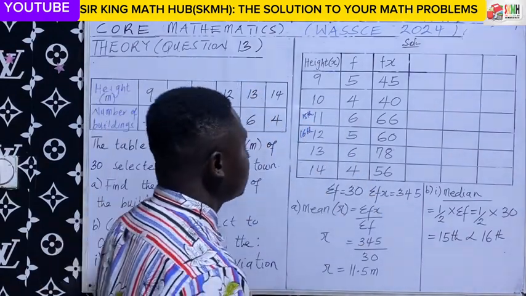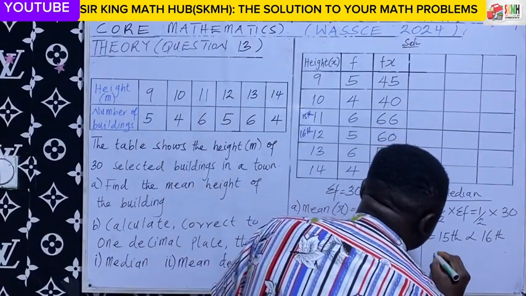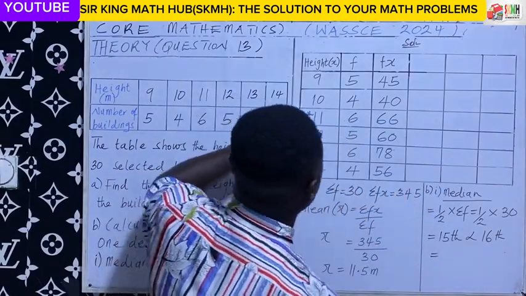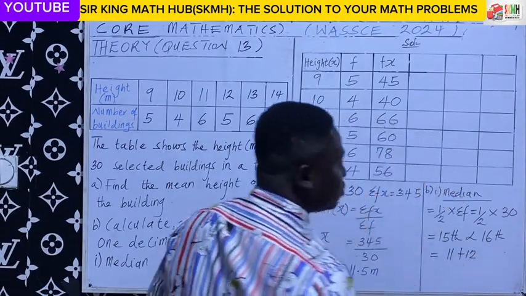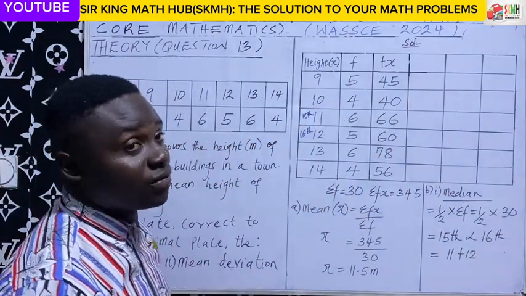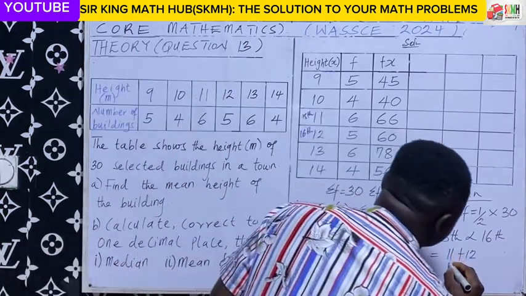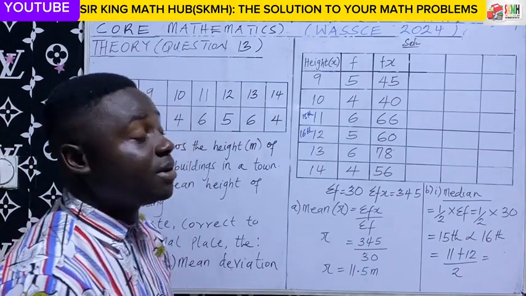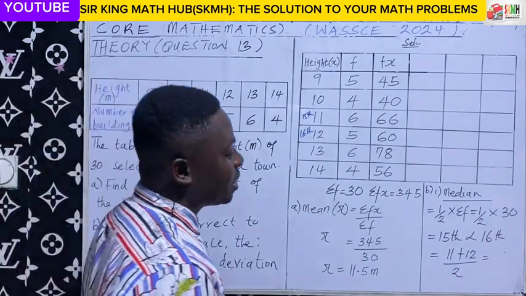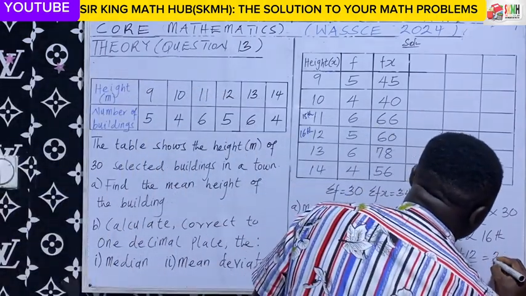Take notes. So let's find the arithmetic mean of 11 and 12. So to find the arithmetic mean of 11 and 12, what do we do? We sum up the two numbers and divide by 2. So what is 11 plus 12? 11 plus 12 will give us 23.